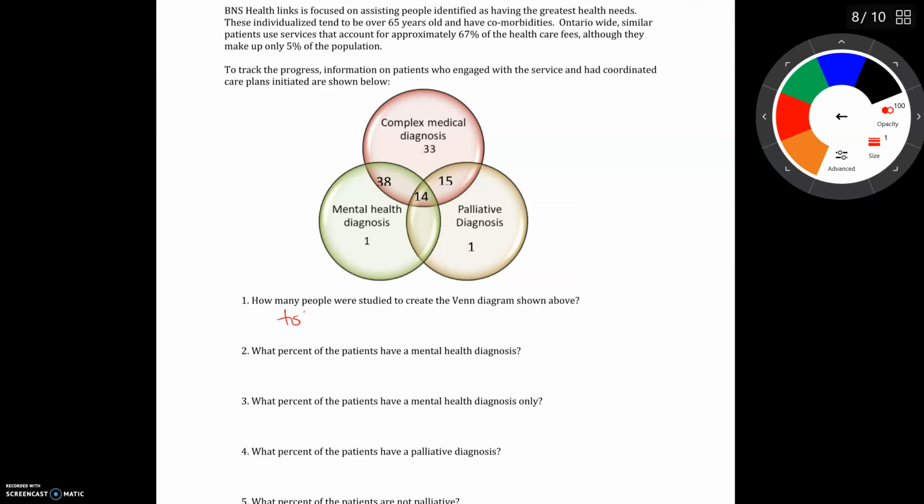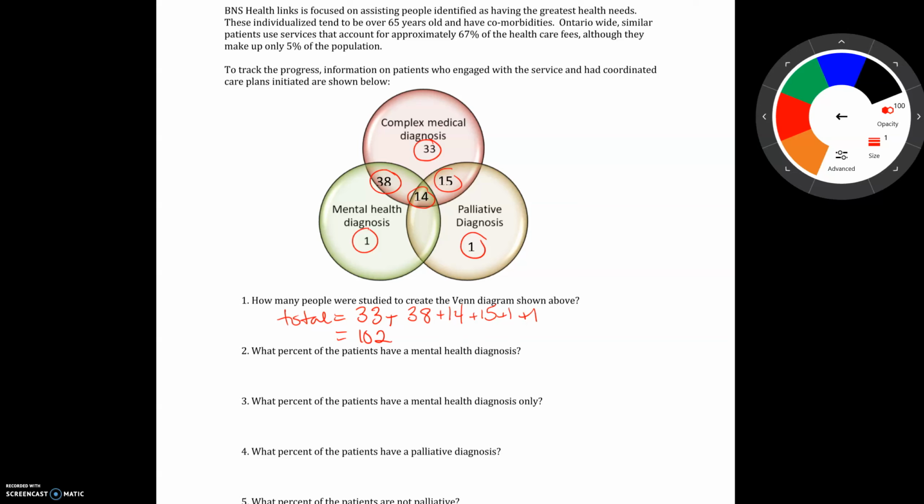We'd have to figure out the total belonging to all the different categories. So I'd go through and add up from each of the different categories to figure out the total number of people represented in that diagram. It comes out in this case to 102 people surveyed.